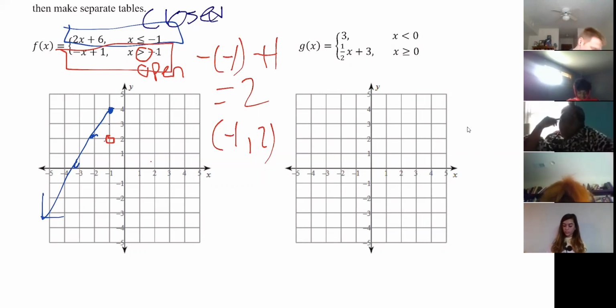Our slope of this line is -1, so we go down 1, right 1, down 1, right 1. So that would be our piecewise function. The blue comes from that top equation. The red comes from the bottom one.